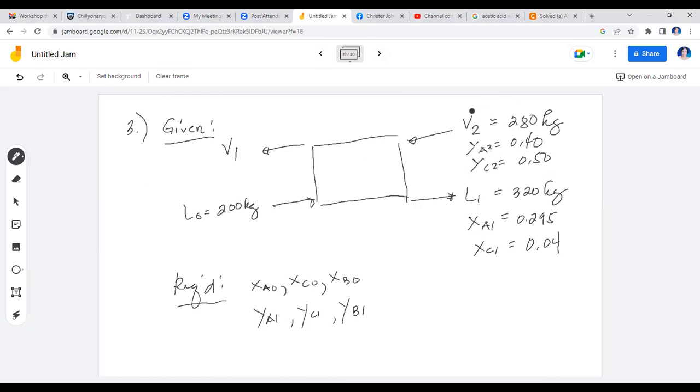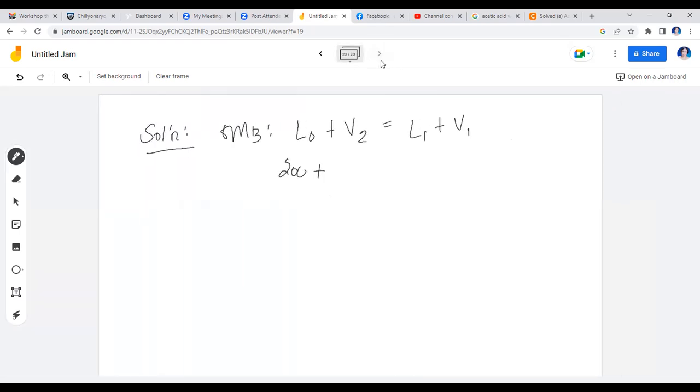Sorry, your solvent is 280. So this is 280, and it's our extract which is unknown. So your raffinate is 320. And you have extract V1 as the unknown. So your V1 is 160 kilograms.